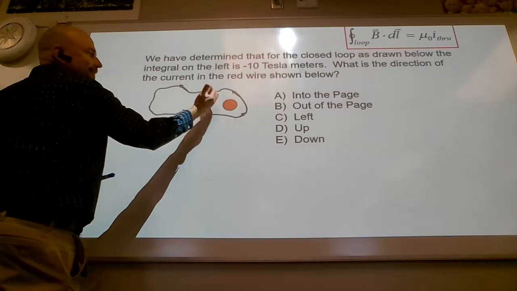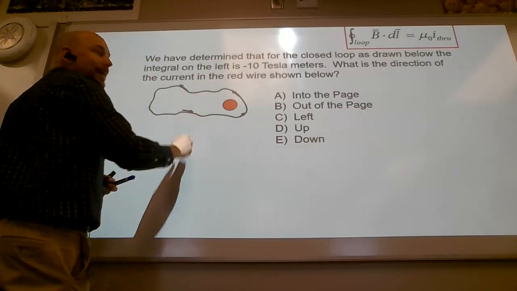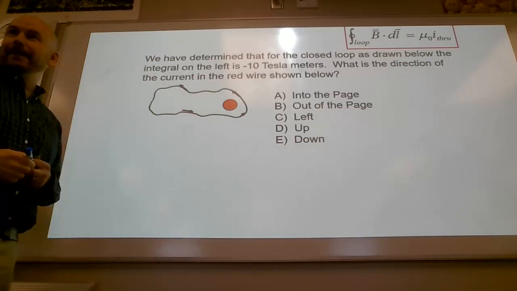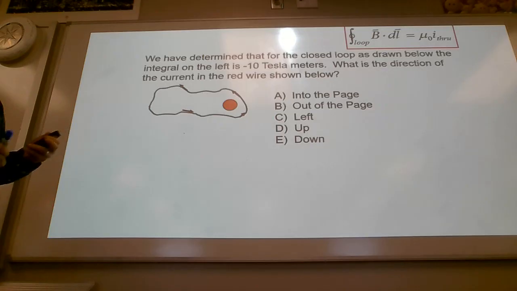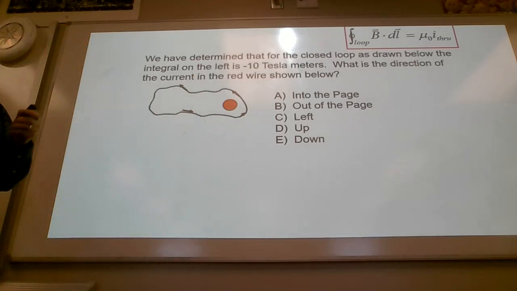Correct answer is A. Okay. Negative. So out of the page will be positive.